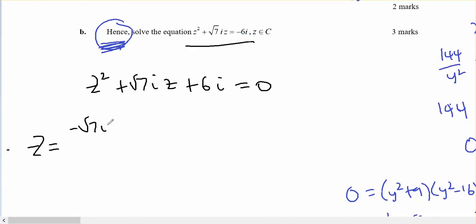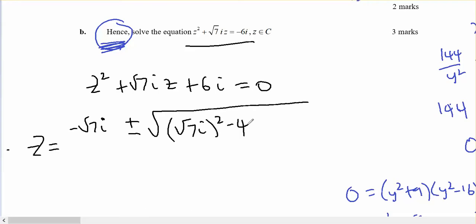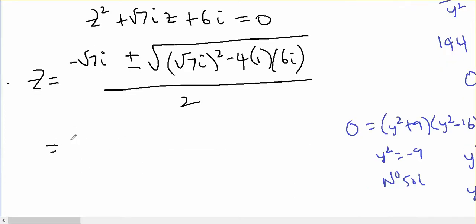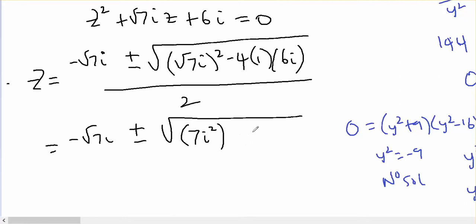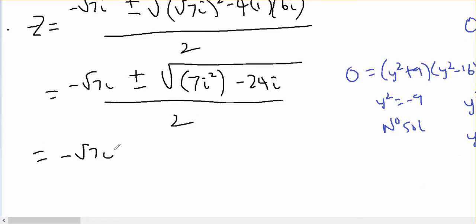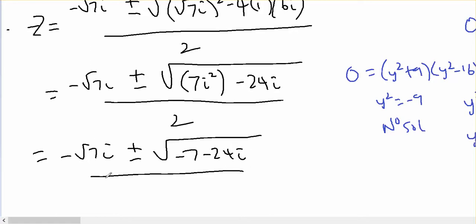So minus root 7i plus or minus the square root of root 7i squared minus 4 times 1 times 6i, which is all over 2, which is negative root 7i plus or minus the square root of 7i squared minus 24i, all on 2, which is minus root 7i plus or minus the square root of minus 7 minus 24i, all on 2.